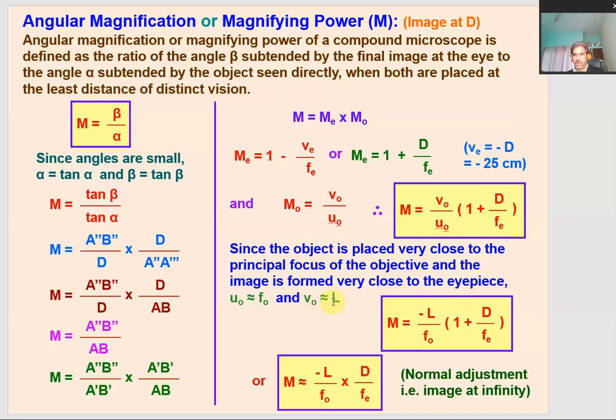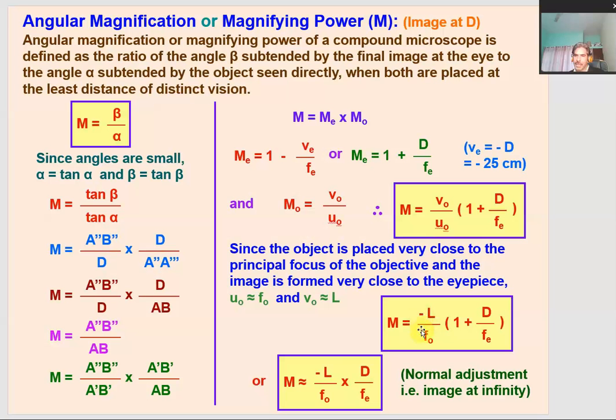Similarly, u naught is also very close to f naught, because the object lies very close to the principal focus of the object lens. So the object distance u naught is very close to f naught. Whenever we make use of this approximation, we get the formula for the magnification to be M equal to minus L upon f naught.